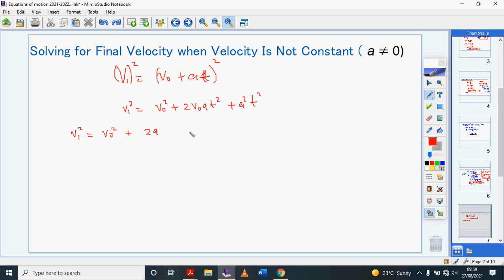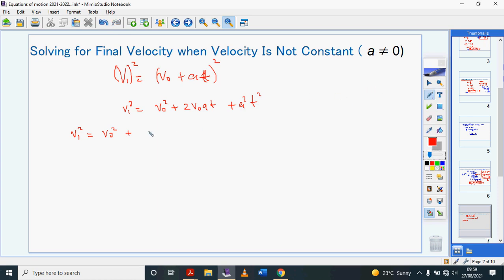If I take out 2a, I'll have left here v0 t. What's happening? I did my expansion wrong. When I expand this, it should not be t squared in the middle term, it should just be t. Thank you, Solomon, for catching my mistake.